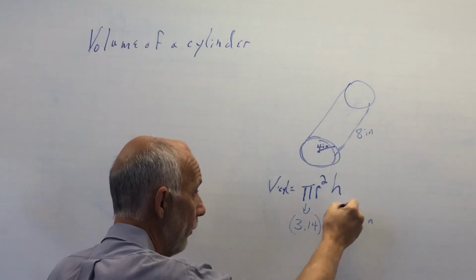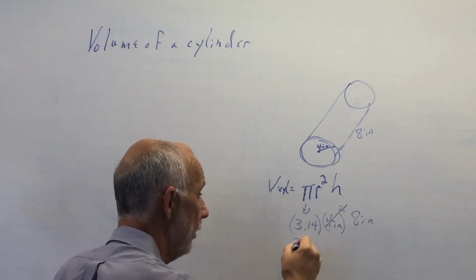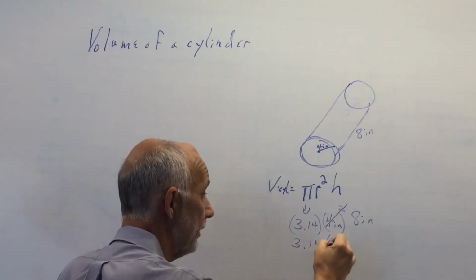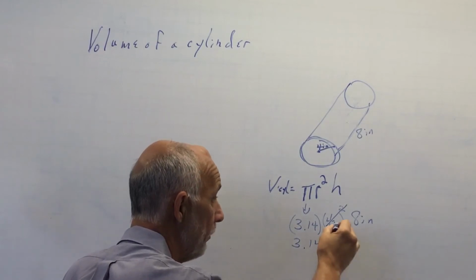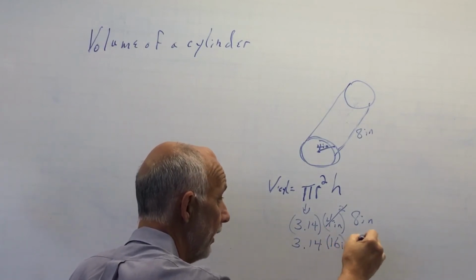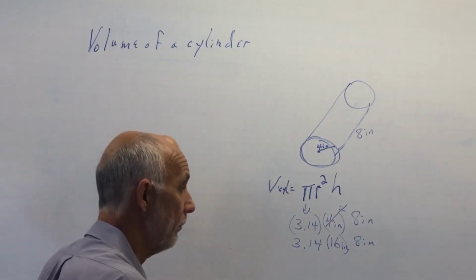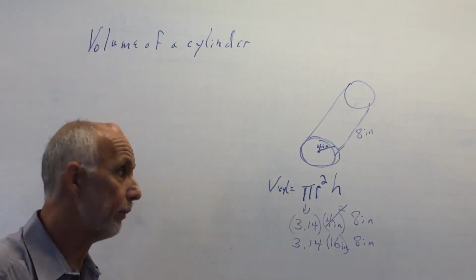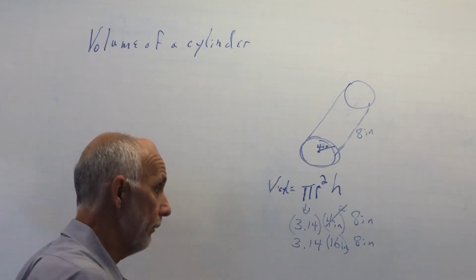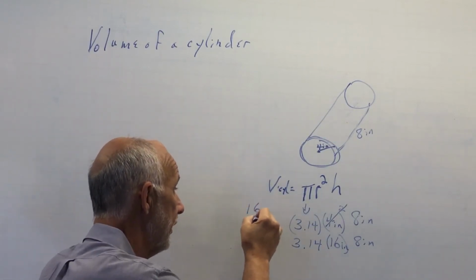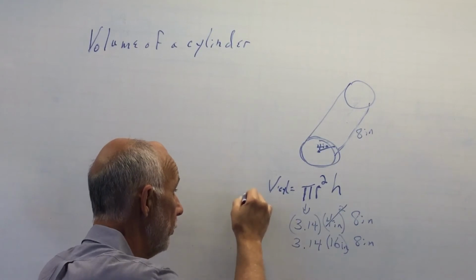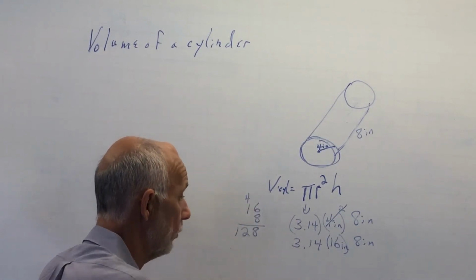By the way, order of operations, do exponents first. 4 squared would be 16, and that would be inches squared times 8 inches. Order of operations says you work left to right, but the commutative and associative properties say you can multiply any way you want. If you want to start with 16 times 8 first, you could do that. That's 128.